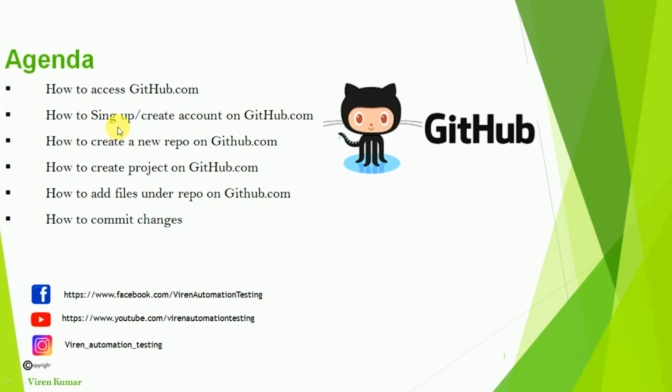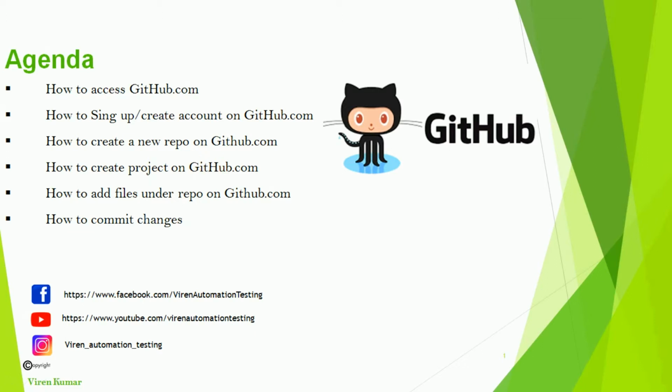After this, once you successfully sign up on github.com, we will verify our email address, and then when we have the homepage of github.com, we will create a repository. I will show how to create a new repository on github.com, and after that I will create a demo project on github.com to show how we can create a project.